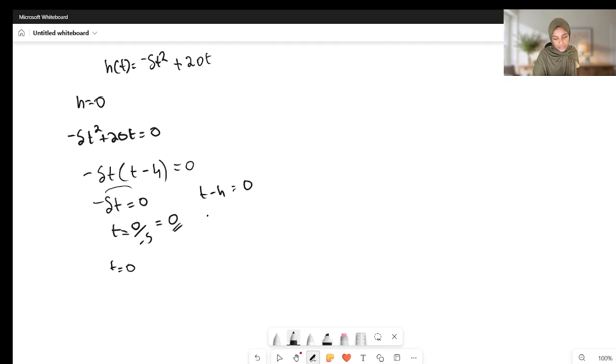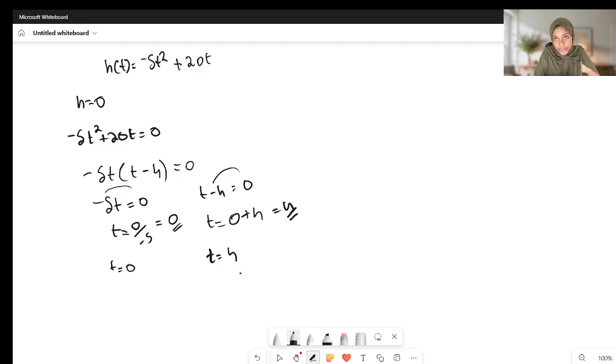We take minus 4 to the other side, which is 0 plus 4, which is 4. Okay, so we found that t is 0 and 4. We found that it reaches the ground in 4 seconds. So when we kick the ball into the air, it reaches the ground in 4 seconds.